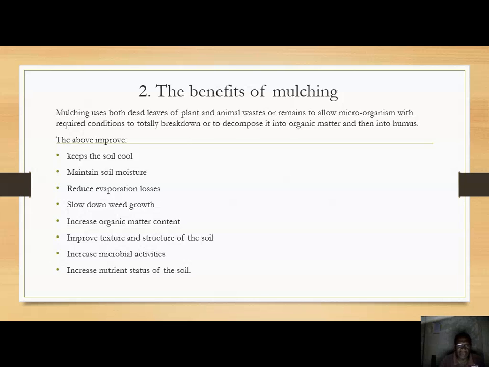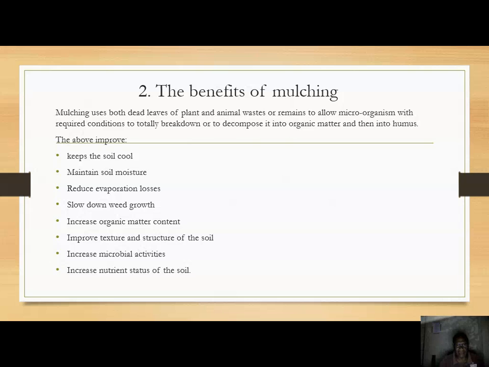It allows water movement, like drainage and the retention of water. The strength of the soil will also be improved. It also increases microbial activities, the activities of earthworms, centipedes, millipedes, ants, fungi, bacteria, and all those animals and plants that live in the soil.